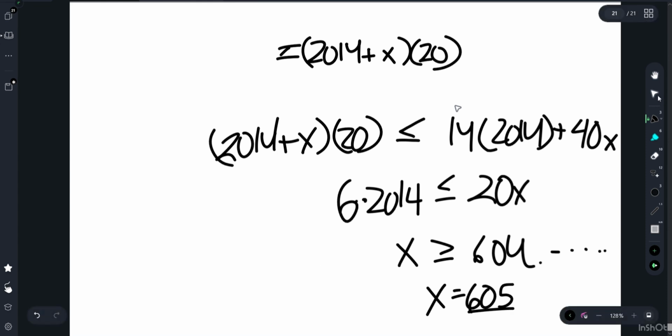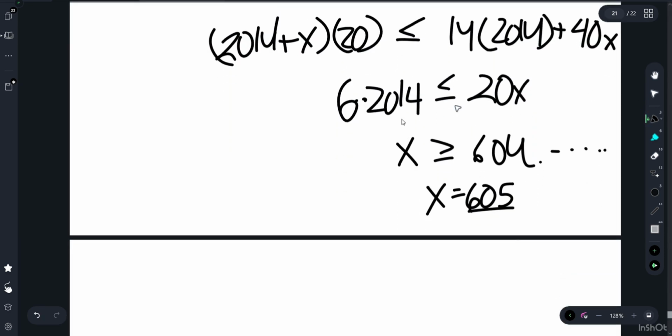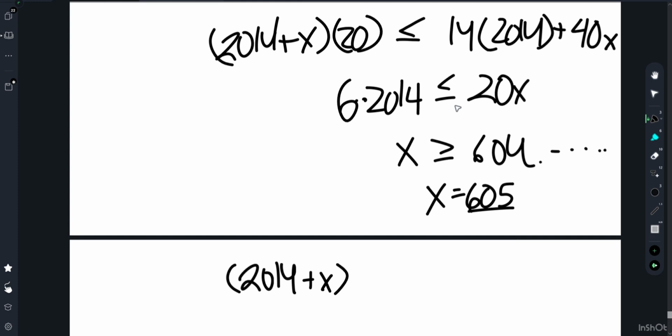Alright, so now that that is handled, let's move on to the next section, which is the greatest. Now what we have to do is compare the exam scores and the student grades. We see that (2014 plus x) times 20, and we want to find the minimum bound.